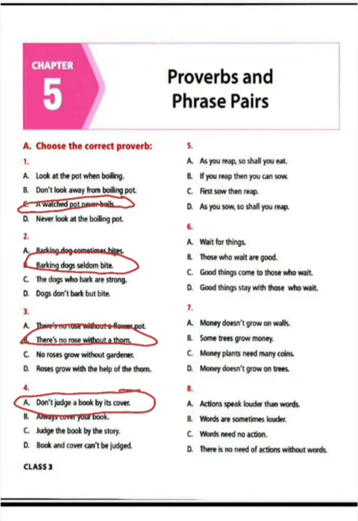Next is number 5. As you reap, so shall you eat. If you reap, then you can sow. First sow, then reap. As you sow, so shall you reap. So here your proverb is number D. And what is the meaning of this proverb? The meaning is that as you sow, so shall you reap.